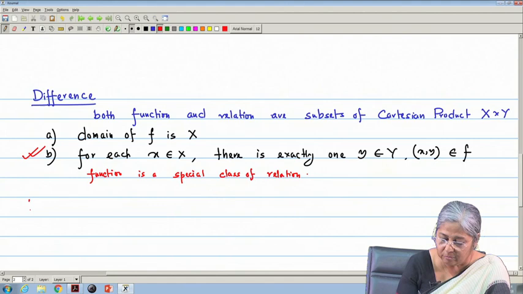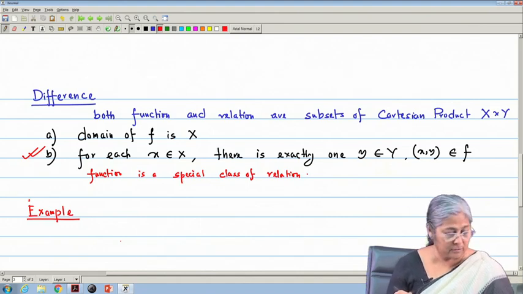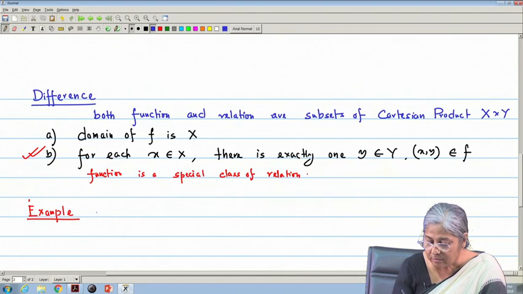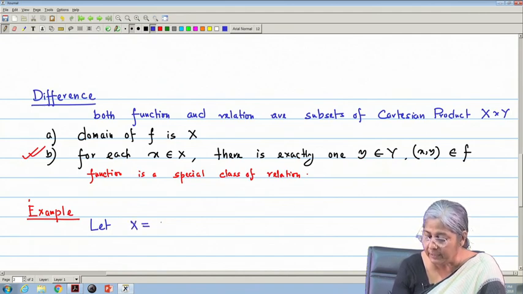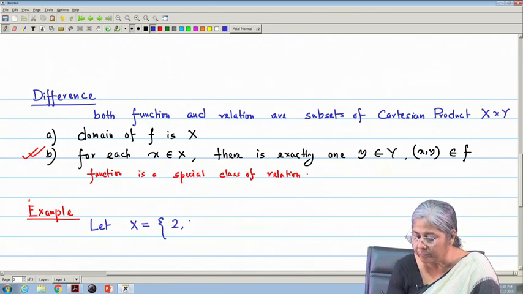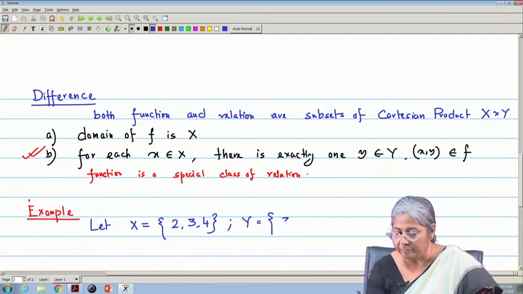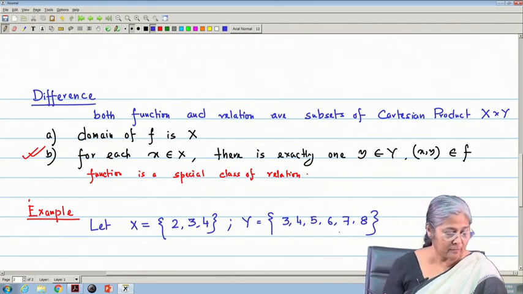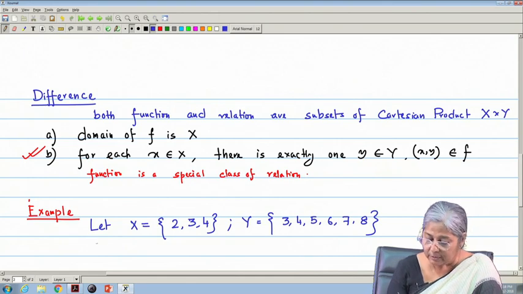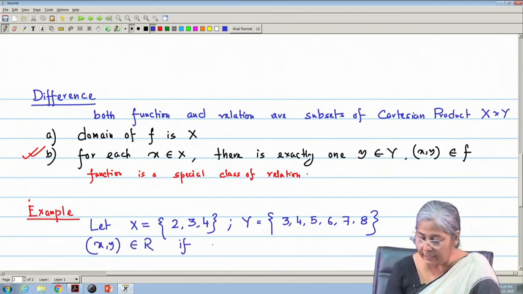Now, we take one example of relation. Mainly we are considering how the elements of one set are related to the elements of another set. Let us consider two sets, X is 2, 3 and 4, these 3 elements, and Y has the elements 3, 4, 5, 6, 7, 8, and (x, y) belongs to R if x divides y.